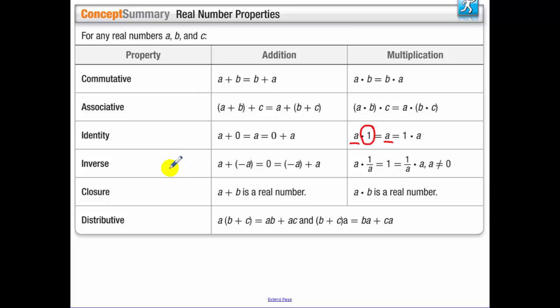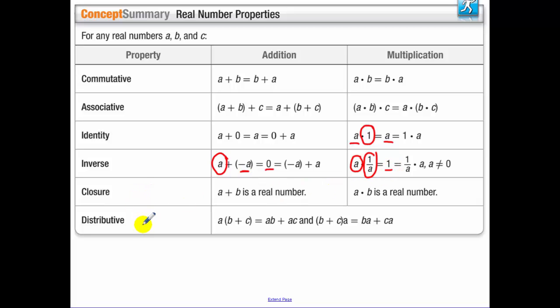Inverse. Inverse and identity kind of play into each other because inverse, what number undoes that to get me back to 0? Well, I add the negative version of the number. But for multiplication, it's what number do I multiply by? So it's the reciprocal to get me back to the number of 1.